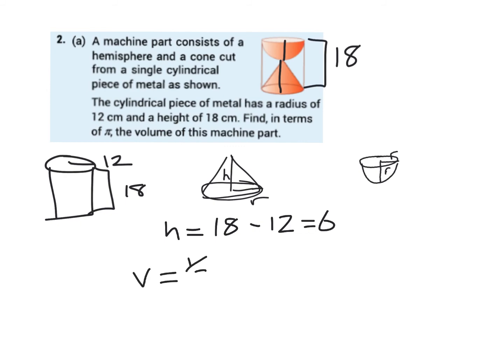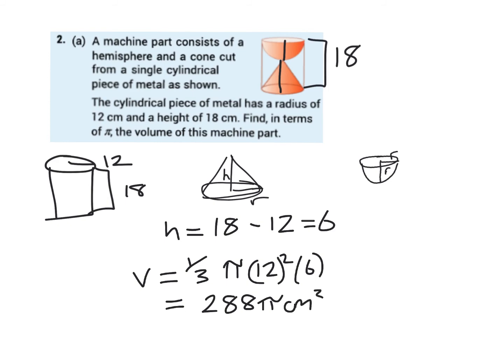So that's a third pi r squared h. Our r is 12, and h we know now is 6. And that's going to give me a volume of 288 pi. I'm just going to write it in terms of pi because that's what the question says. Our measurement is centimeters, so that's going to be centimeters cubed.